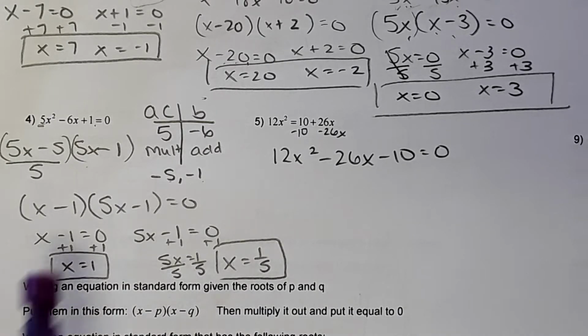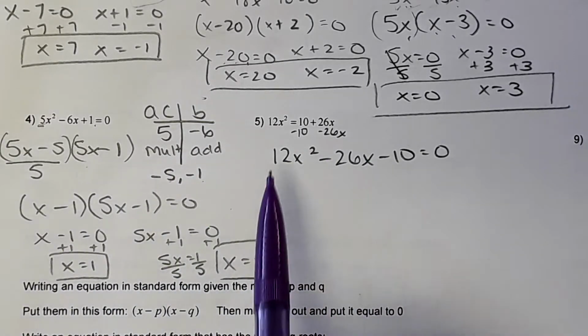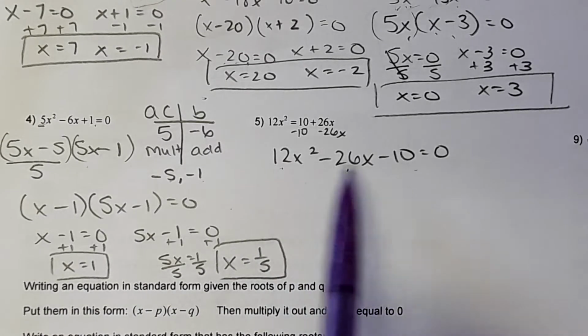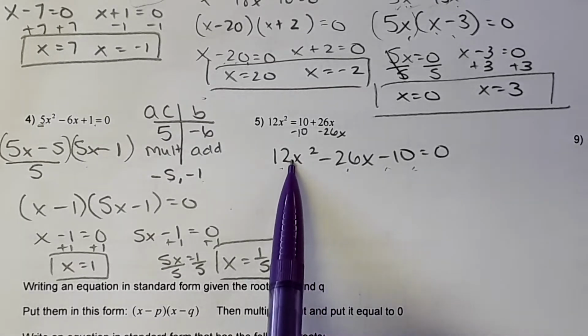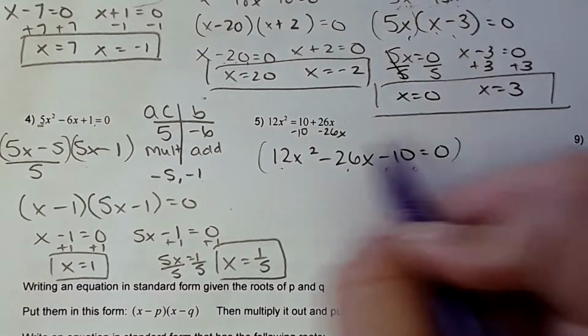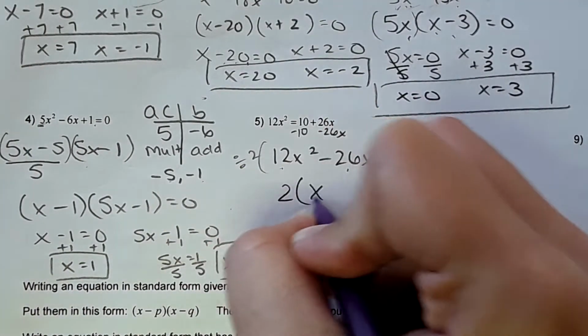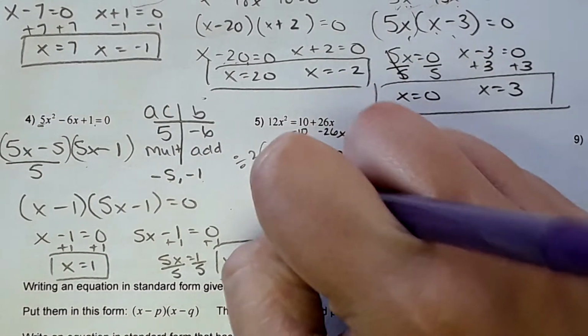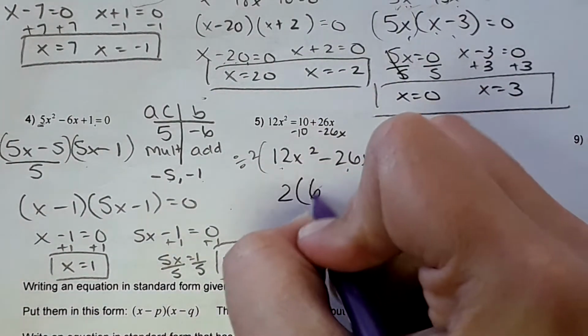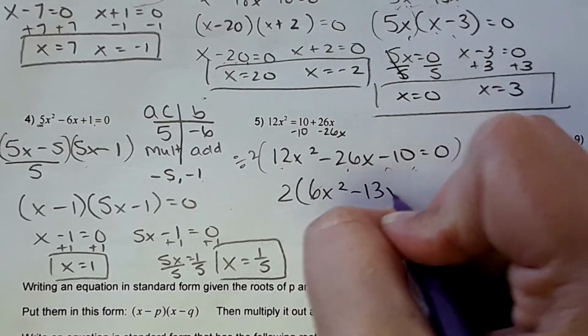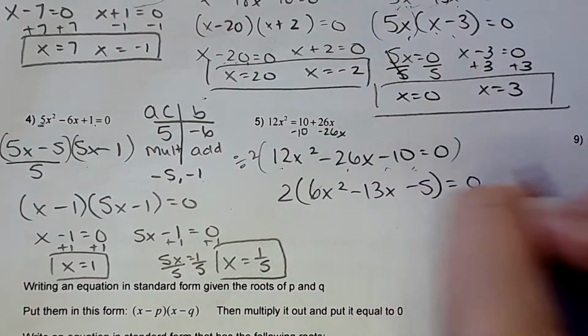Okay, so once you have it in this format, see if you can pull out any factors from all 3 terms, and you can pull out a 2. So we're going to divide everything by 2. So you get 6x squared minus 13x minus 5 equals 0.